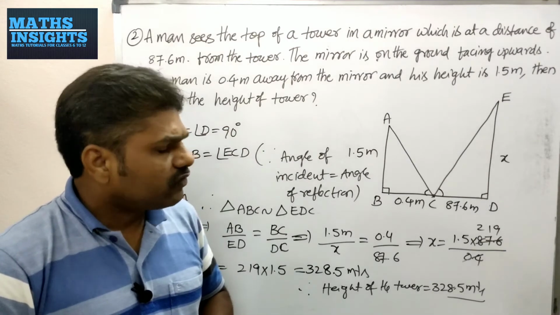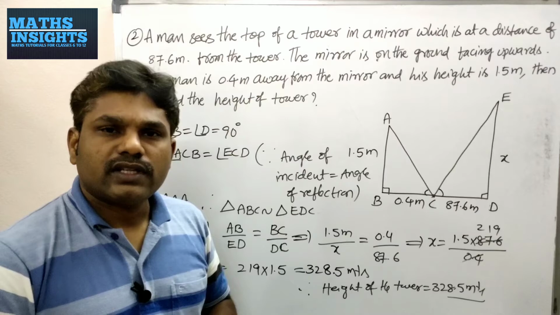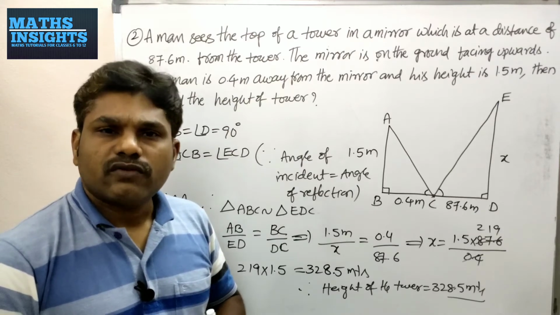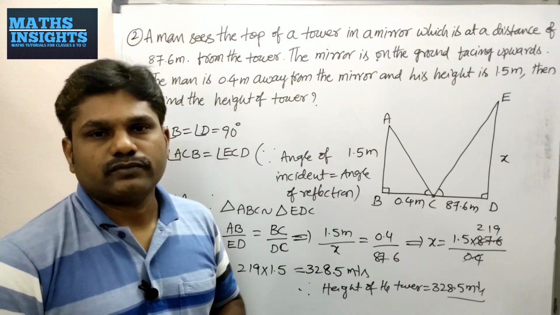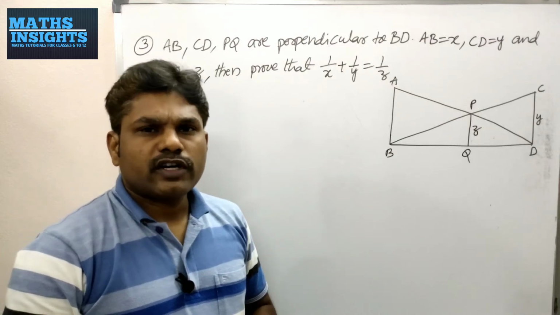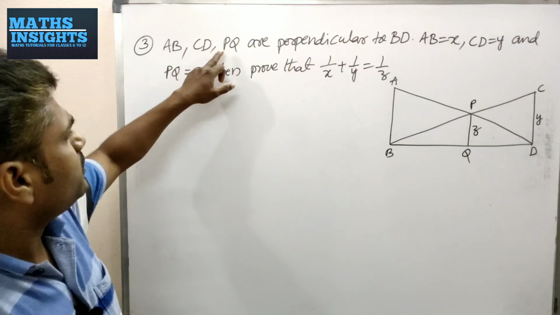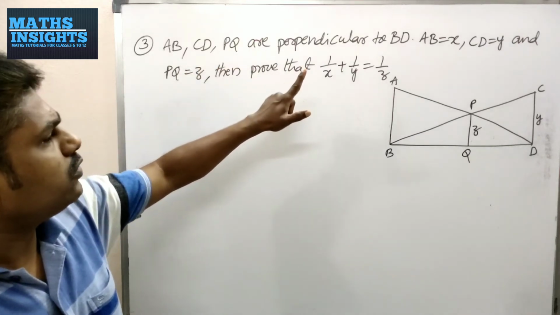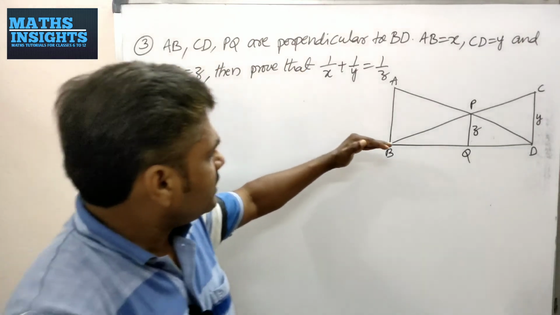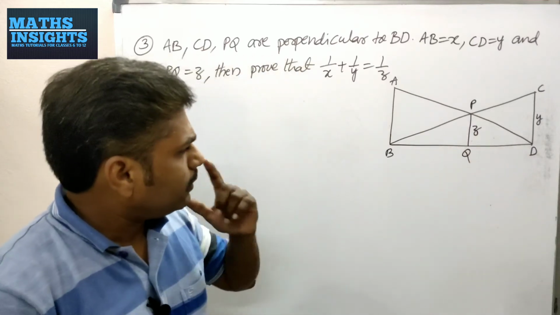We will solve one more important problem, then this concept will become very easy to you. This is the third problem. It is a very important problem. They are saying that AB, CD, PQ are perpendicular to BD. This is BD. They have given the diagram also.